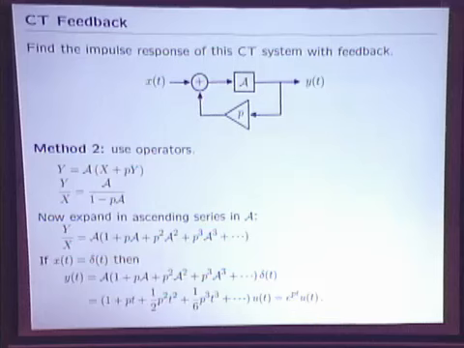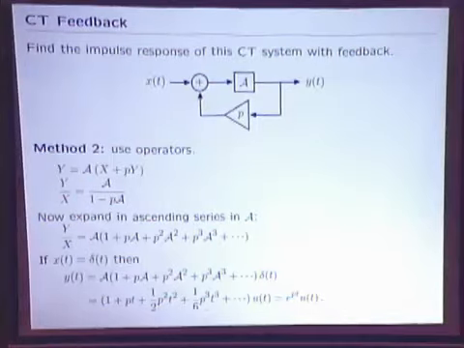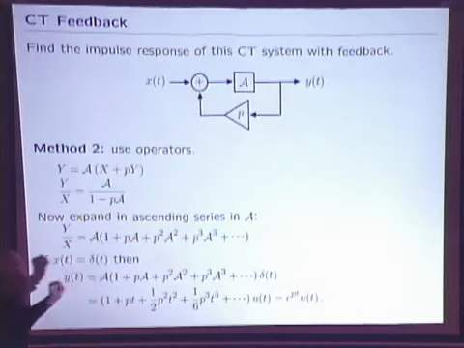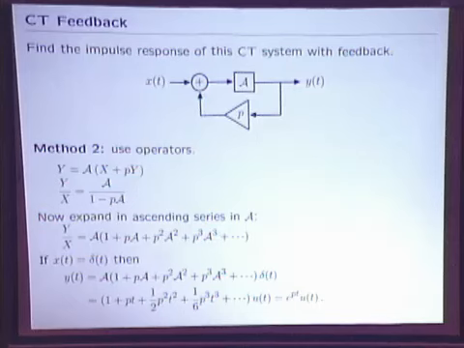Okay? Now I know what the system functional looks like. Now I've got a feed-forward system. So I can use the technique from the other side. What happens if you put delta into a system whose functional representation is a? You get a u.